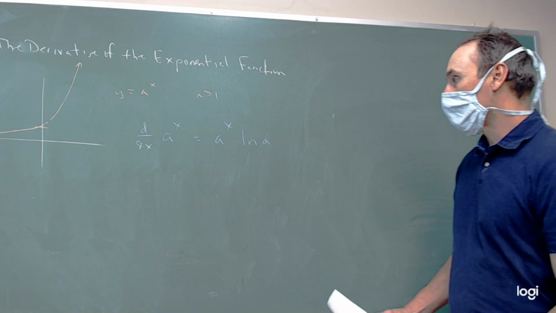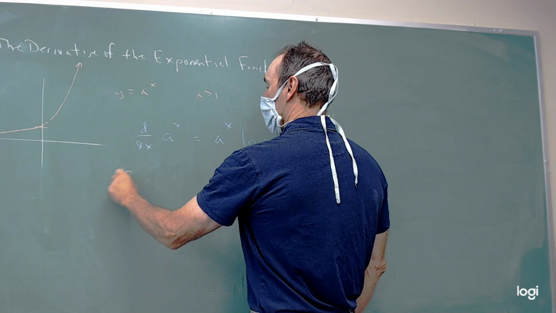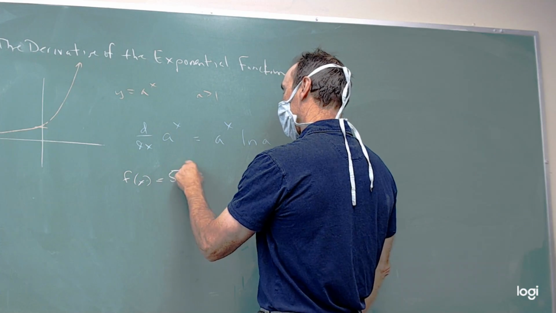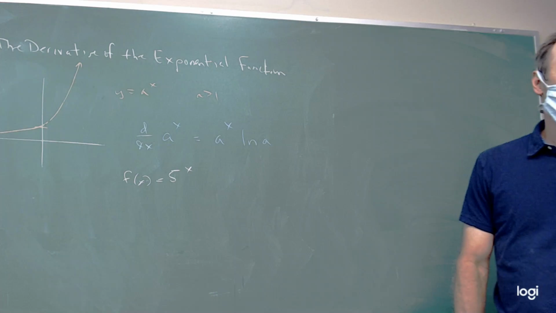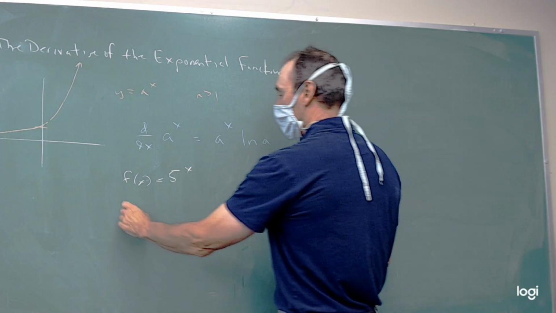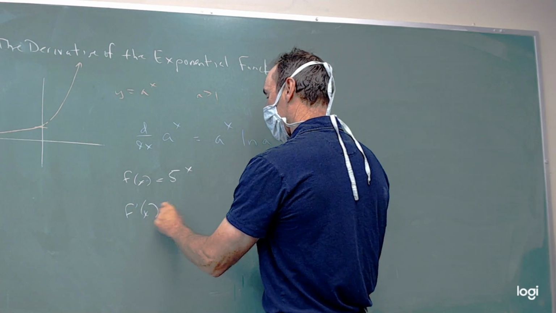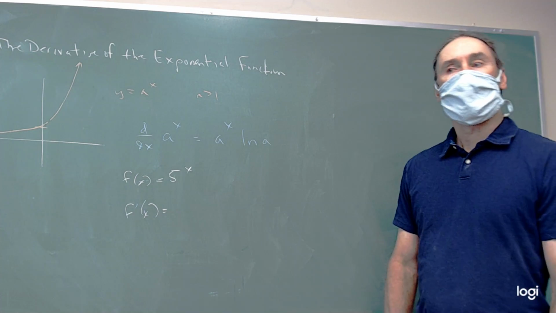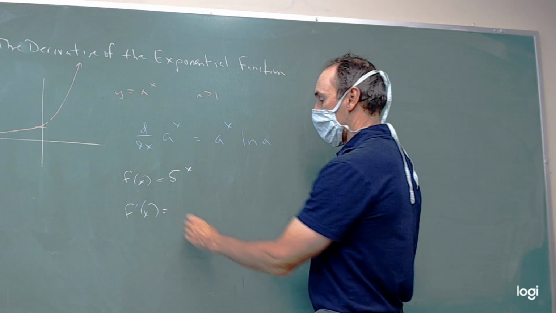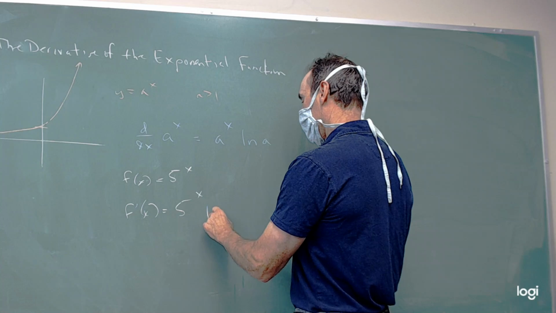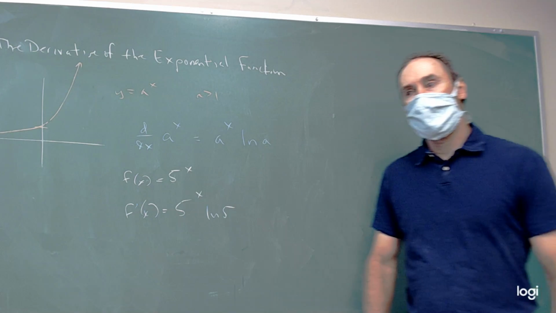So if we say f of x is 5 to the x, then f prime of x is going to be 5 to the x times the natural log of 5.